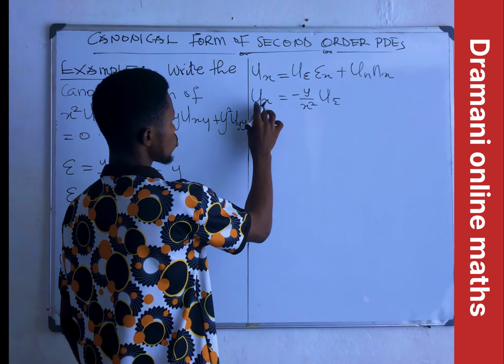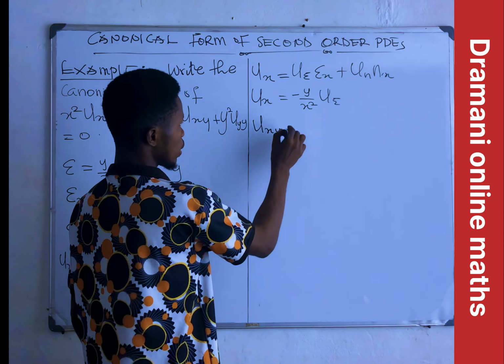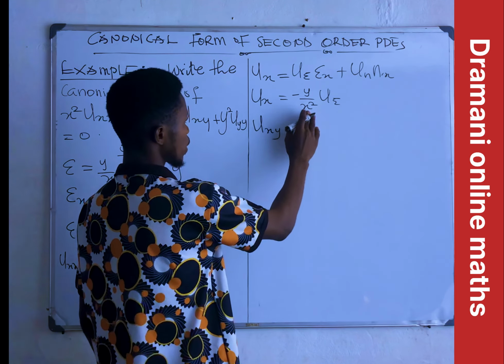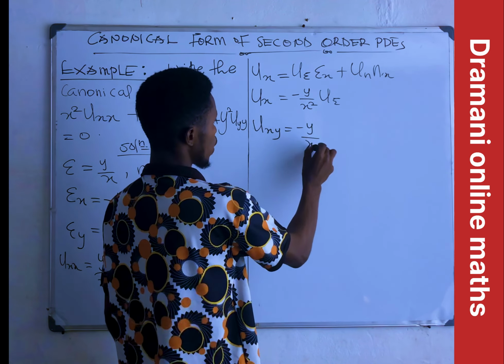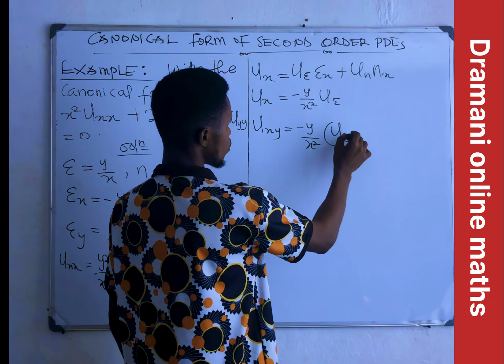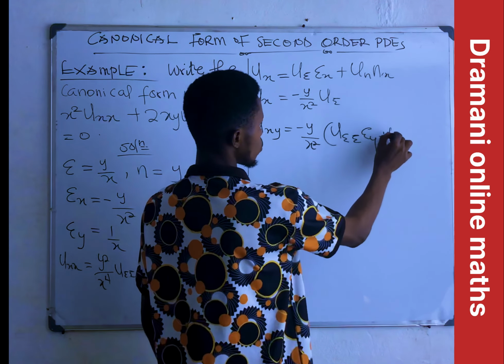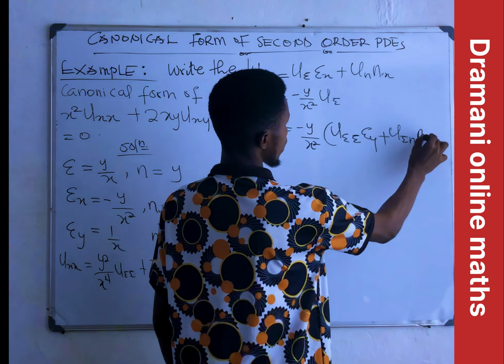Already you know ux to be this. So you are now going to differentiate ux with respect to y. First I'll hold the negative y over x squared. Then I'll differentiate u xi with respect to y. So that will be u xi xi y plus u xi eta y.